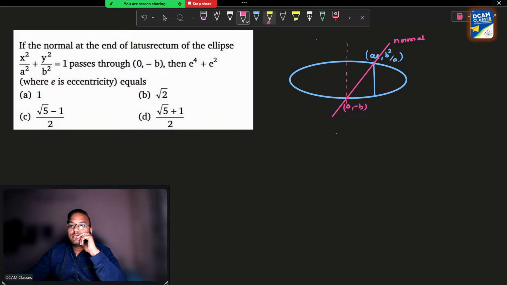We have to find this relation then. Try solving. I'm solving here.